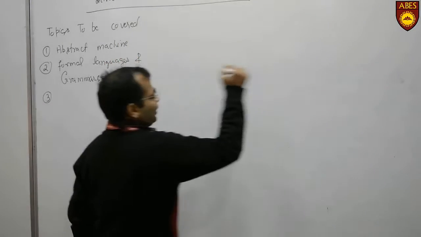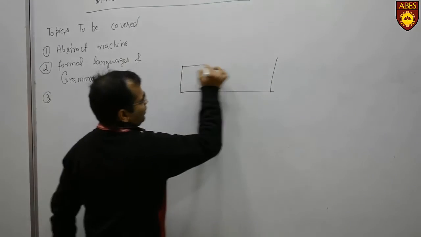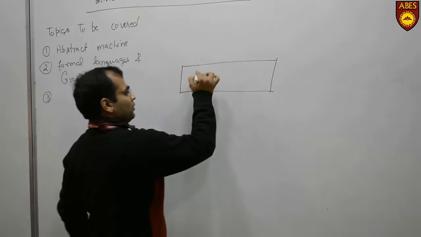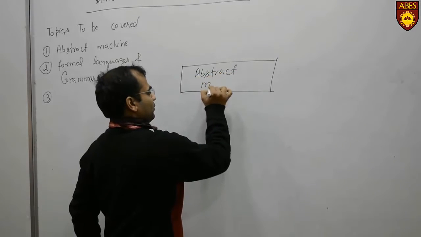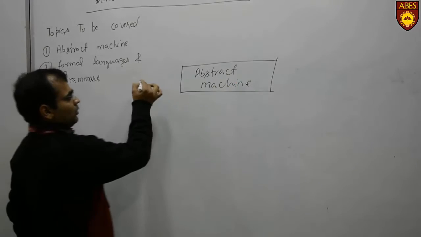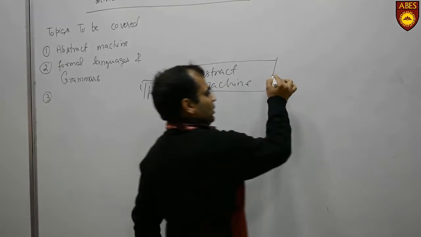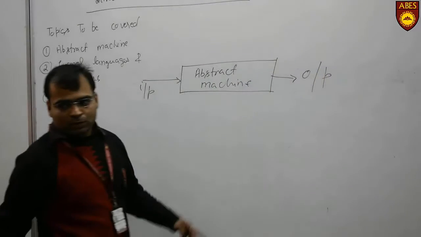So an abstract machine will be something like this. It's a box. It's an abstract machine. We give some input to that machine, and this machine provides us certain output.